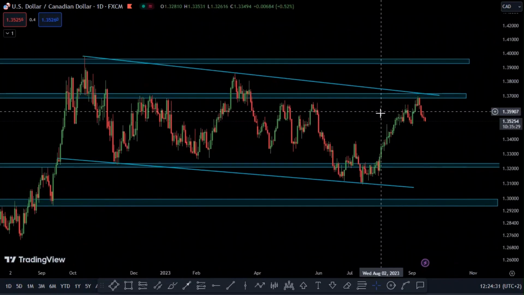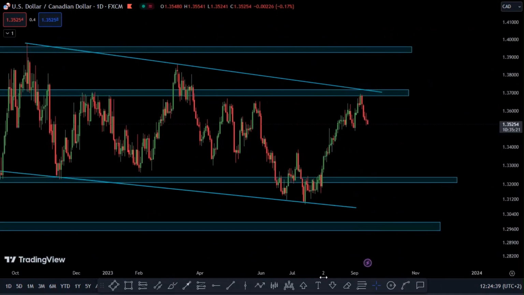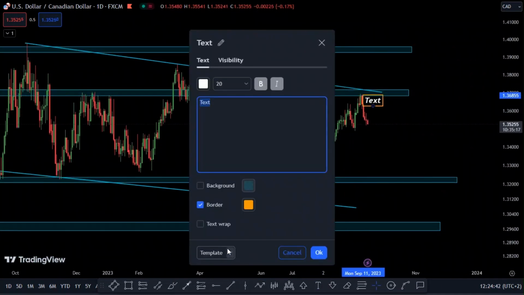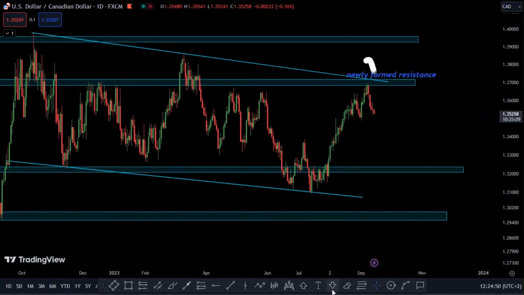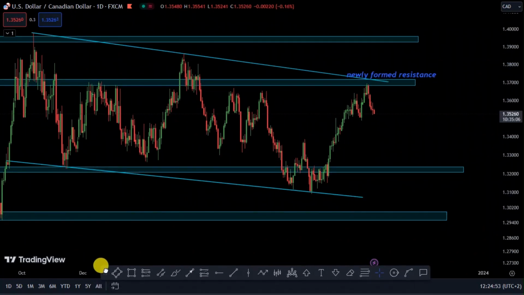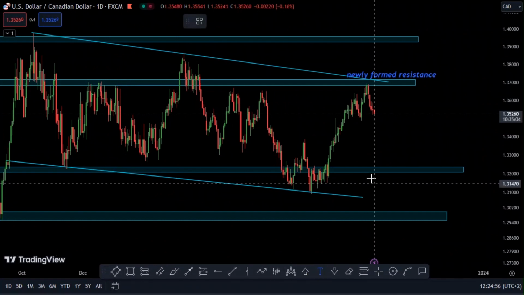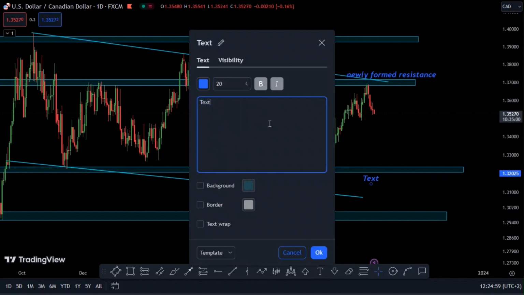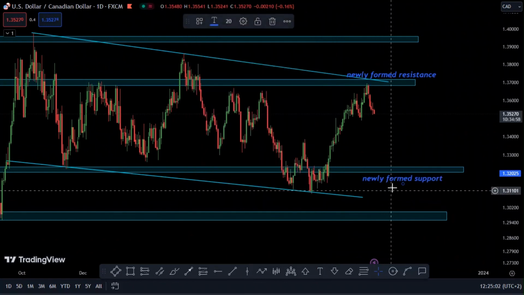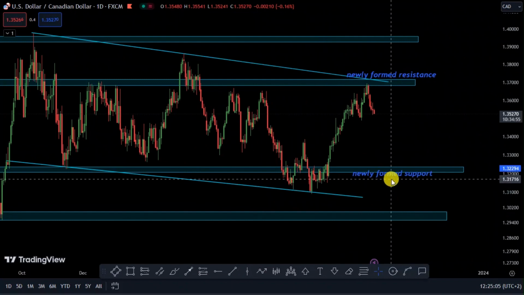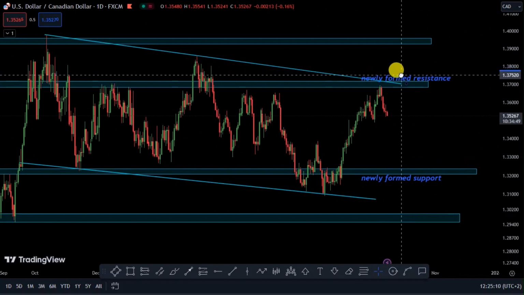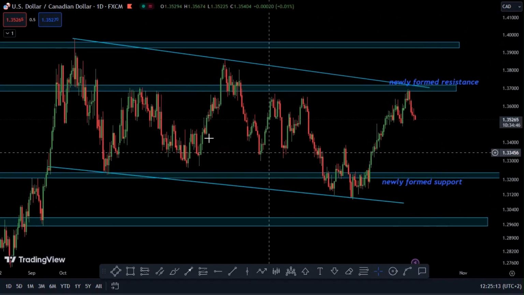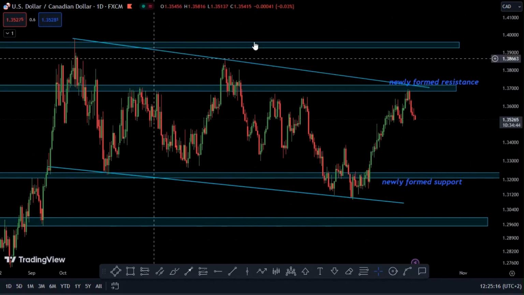Since we are on a daily time frame, we have our newly formed resistance, where we use the previous key zone as our newly formed resistance. We call it a newly formed resistance so that every time we trade, we always trade inside a support and a resistance. I think it's easier that way. So we have our newly formed resistance, our newly formed support, and also this bearish trend.